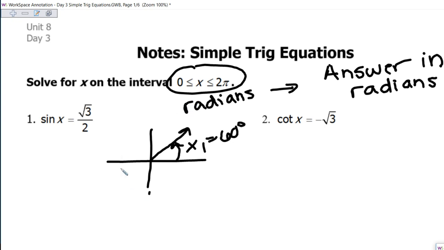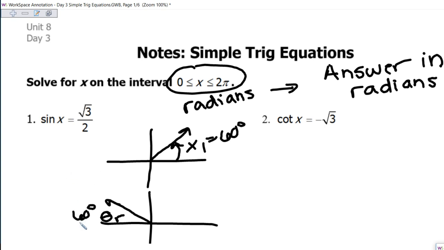But in which other quadrant would the sine also be positive? Quadrant 2. So in quadrant 2, I'm going to have my terminal side. So back to angle 1, my reference angle is how many degrees? 60 degrees. So here's my reference angle over here, which is 60 degrees.